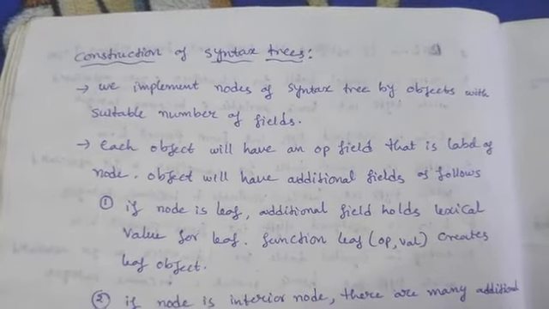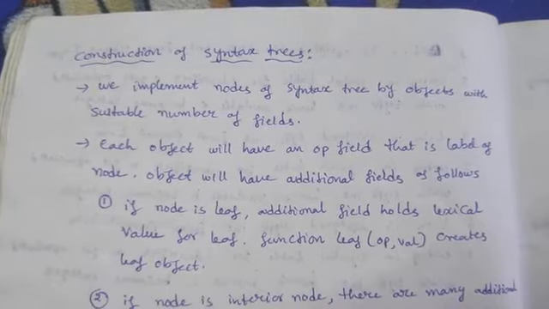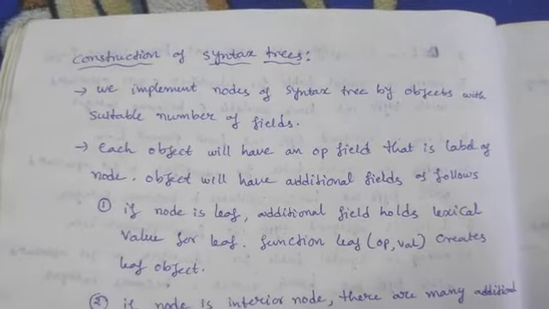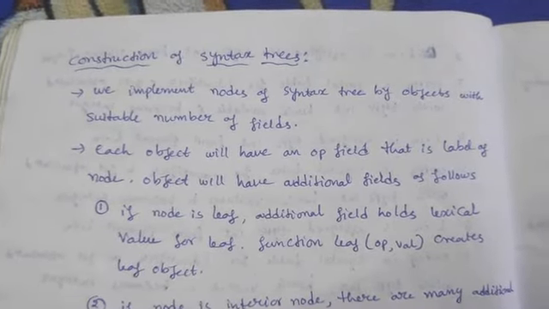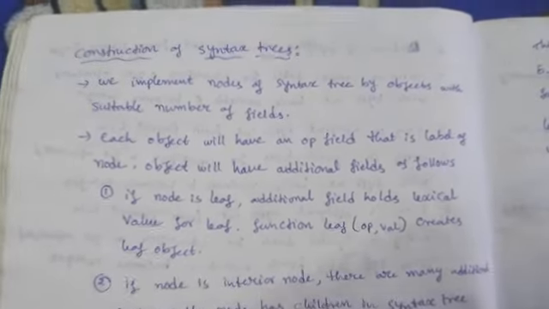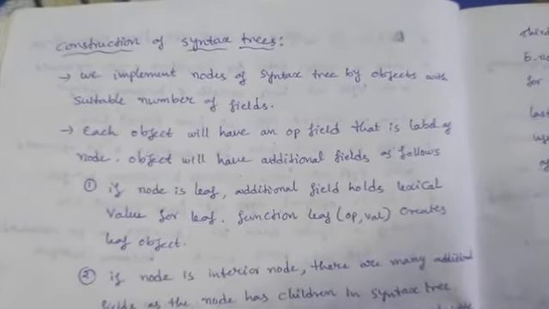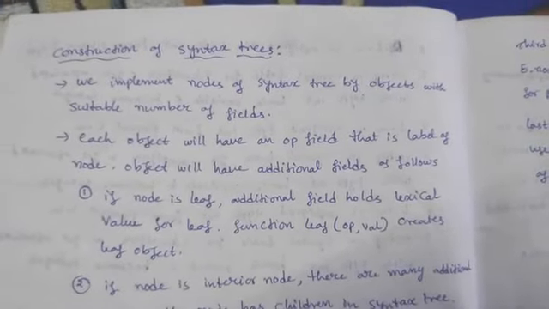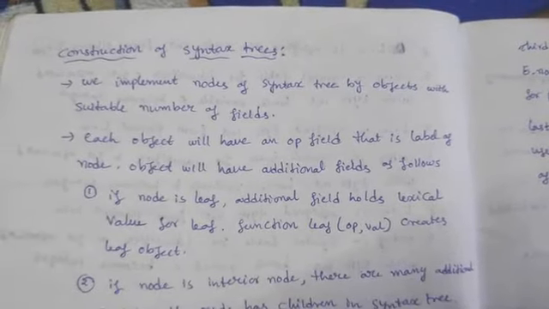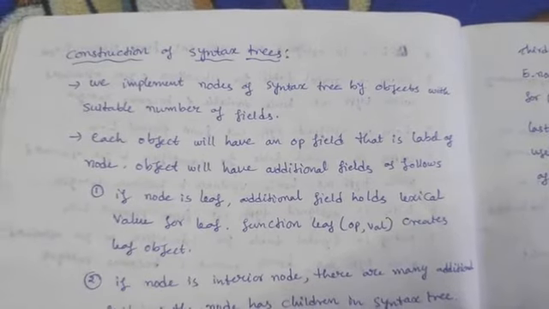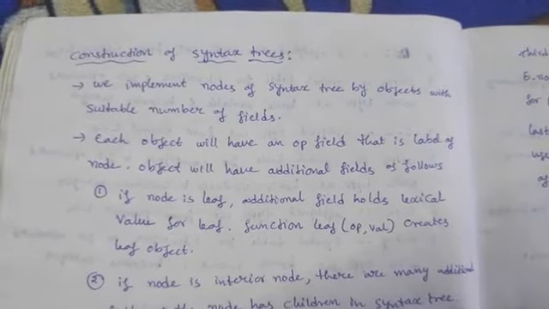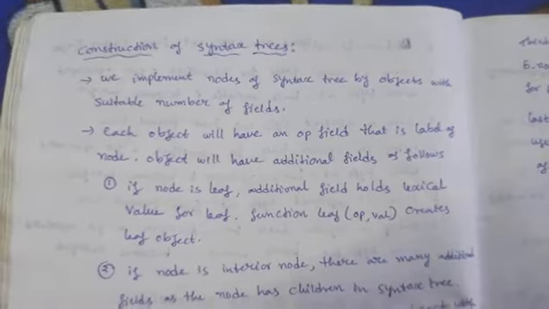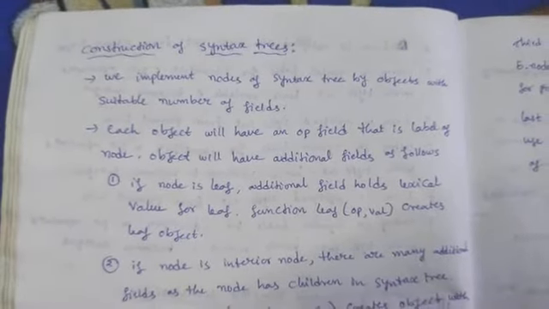Here we implement the nodes of the syntax tree as objects with a suitable number of fields. That means every node of the syntax tree is indicated by an object with a suitable number of fields. The number of fields depends on the values that we substitute for the given grammar.